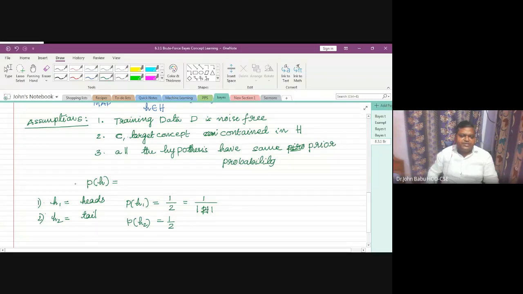So the probability of h can be written as 1 by the magnitude of capital H, where capital H is the set of all the hypotheses. Suppose there are 6 hypotheses.